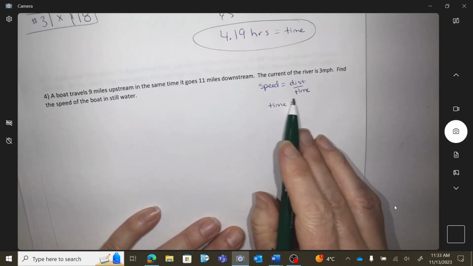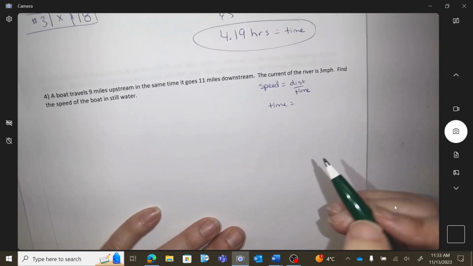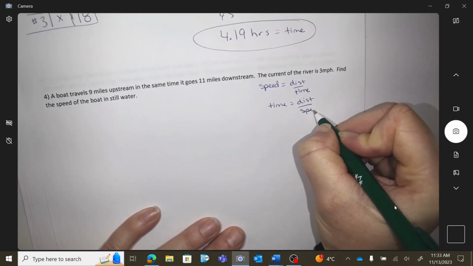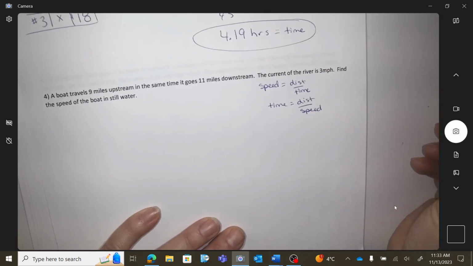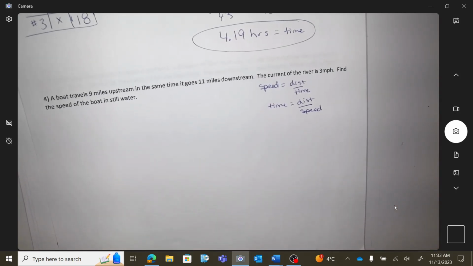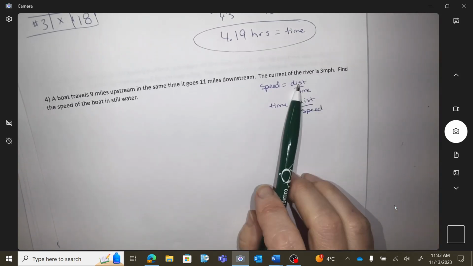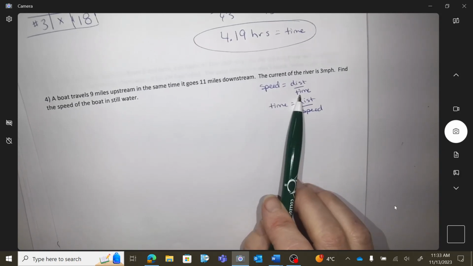If I tried to switch this formula to be a time, distance divided by speed. Okay. And I don't care about the distance ones. You won't run into that because obviously these are the ones that deal with fractions. FYI, if you wanted distance, it would be those times, right?